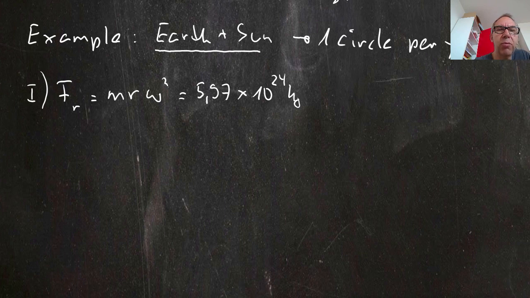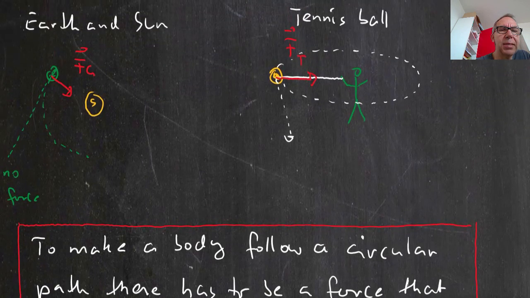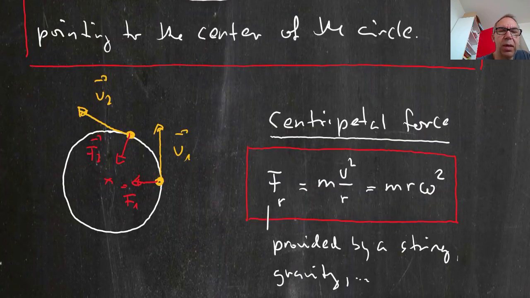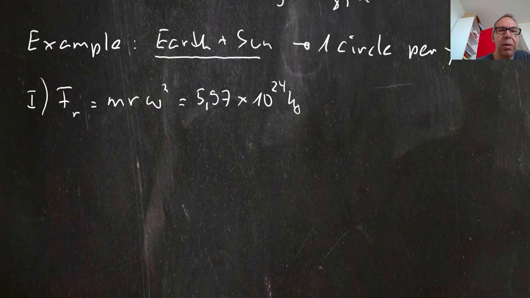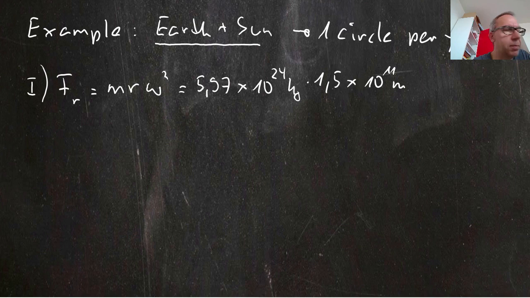Then we need the radius, and the radius here is from Earth to Sun, 1 astronomical unit, as it is called, and this is some 150 million kilometers. So to be exact, that's 1.5 times 10 to the 11 meter.